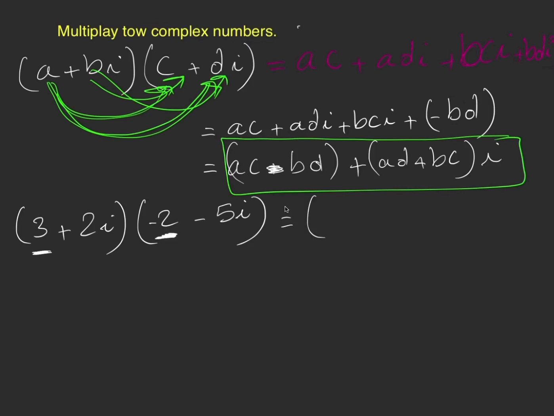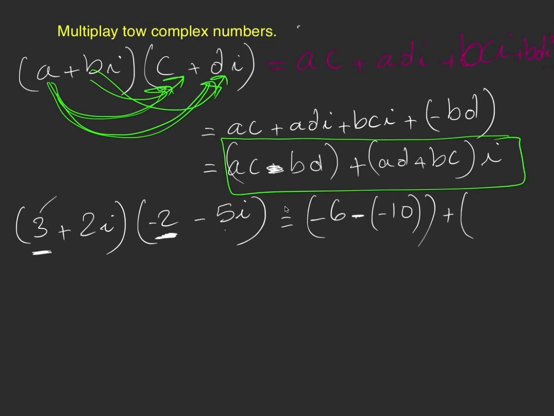This is ac, so it is minus 6, and minus bd. b is 2 and this is negative 5, so it will be minus 10, because minus negative 5 multiplied by 2 is minus 10, plus ad.